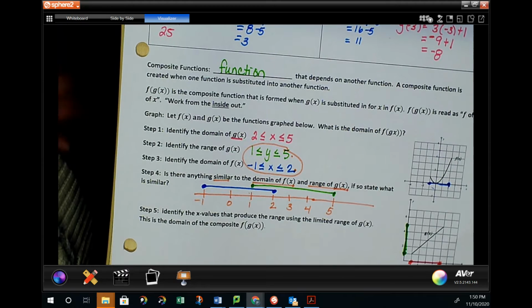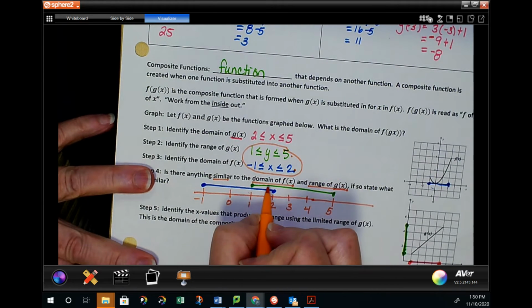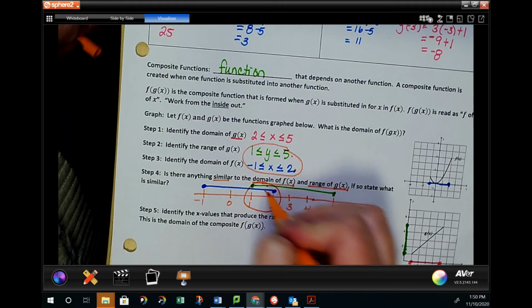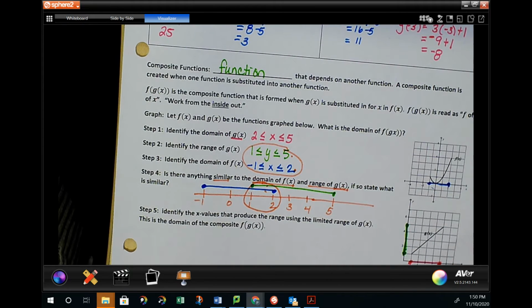And what they're looking for is the similar part. What is exactly similar to these things? The only part that's similar is going to be from 1 to 2, because that's where they both have something. That's what the similarity is.